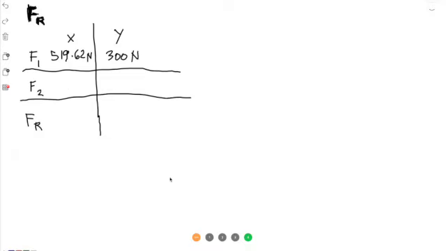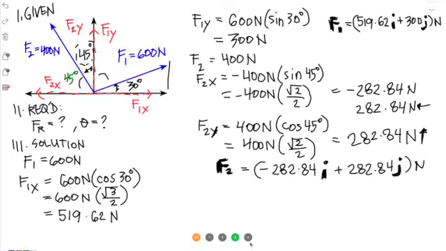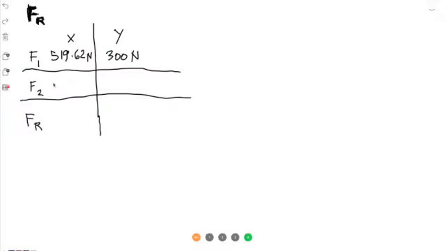So for F2, that's the same thing, just different signs. Negative 282.84 newtons and positive 282.84 newtons. So now we will do scalar algebra.